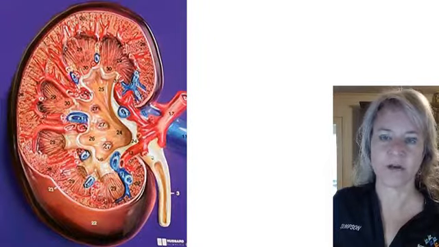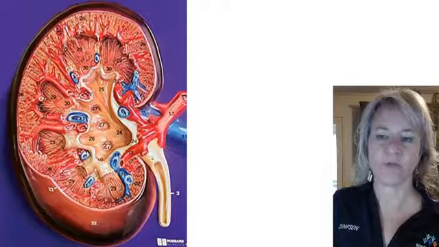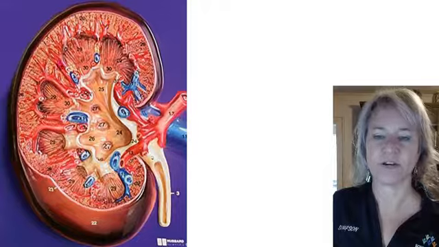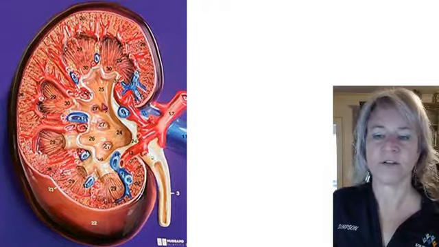This is another model of the kidney. This is the capsule, which is also known as the stroma. We have the renal cortex, which is the outer layer, and the renal medulla, which is the inner layer.